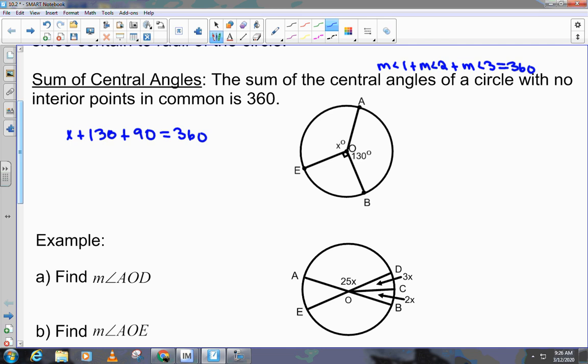So 130 plus 90 is what? 220? And then subtract 220 from both sides, and so X is 140 degrees.